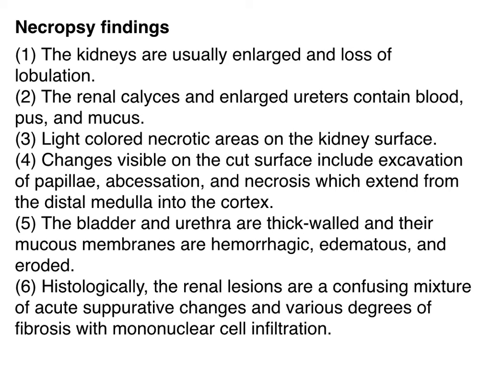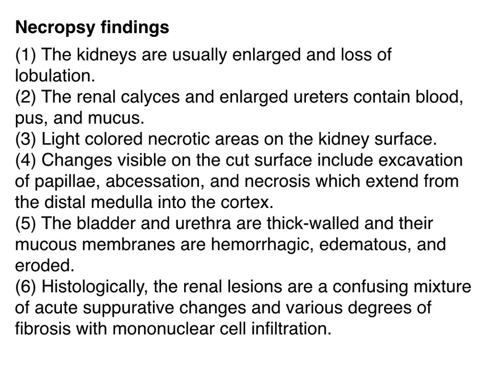Changes visible on the cut surface include excavation of papillae, abscessation and necrosis, which extend from the distal medulla into the cortex. The bladder and urethra are thick-walled and their mucous membranes are hemorrhagic, edematous and eroded.